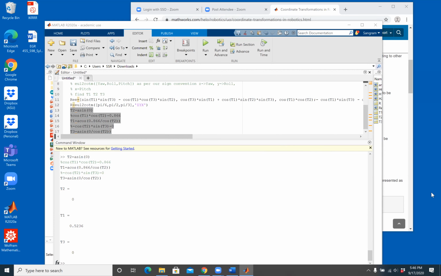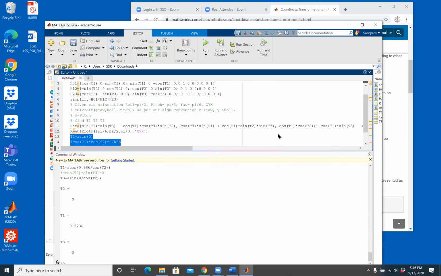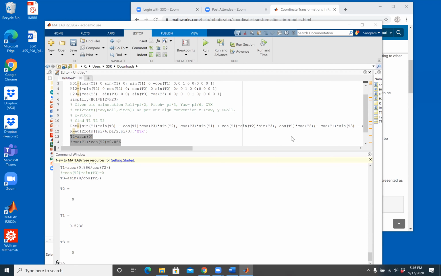Now, the other folks who have already worked out the problem can tell me if my answer matches with your answer. And if not, I will go ahead and upload this MATLAB script, and then you can look at the way I have calculated the angles.